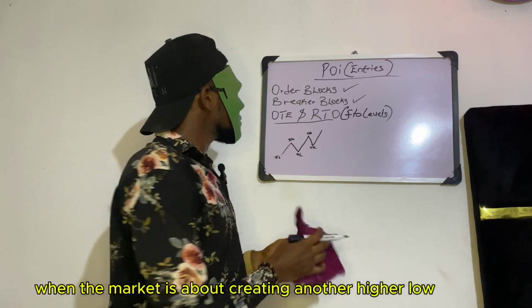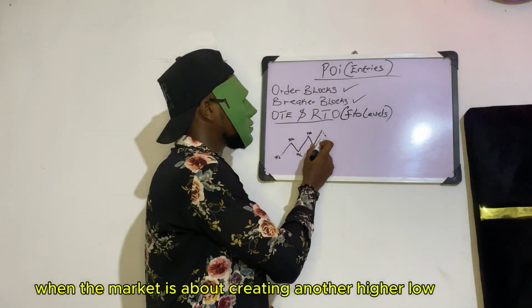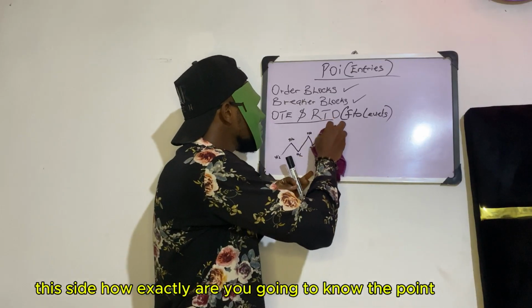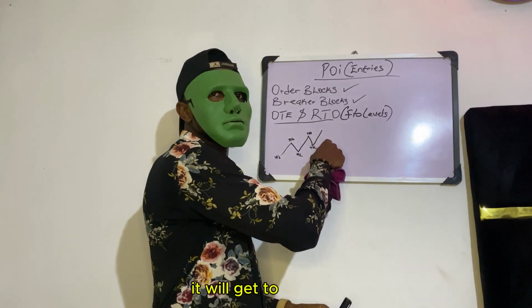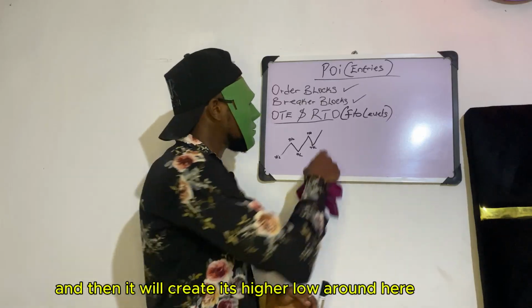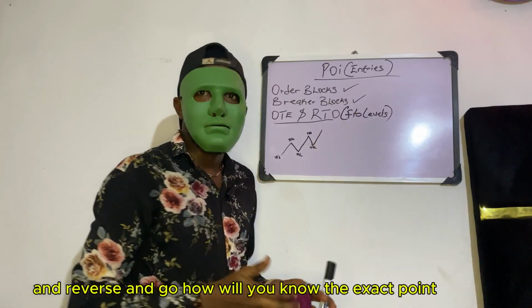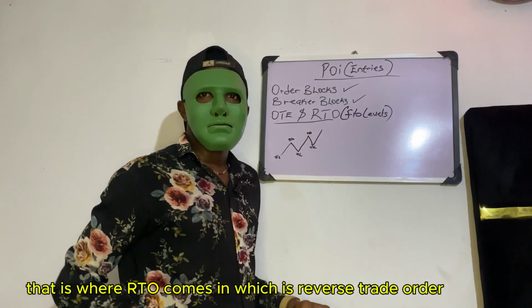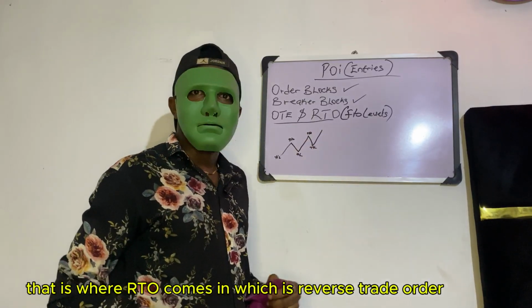Now, when the market is about creating another higher low on this side, how exactly are you going to know the point it will get to, create its higher low around here, and reverse and go? How will you know the exact point? That is where ROTO comes in, which is reverse trade order.